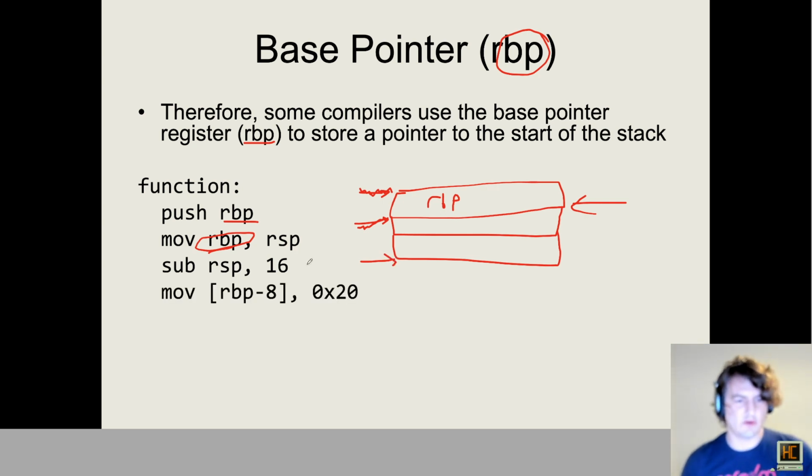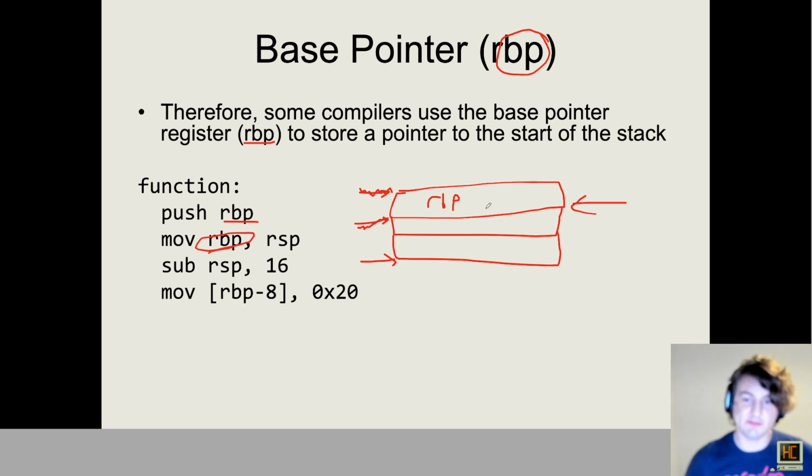And then we're going to move 0x20 into RBP minus 8. So where is RBP minus 8? Yeah, the second cell, perfect.